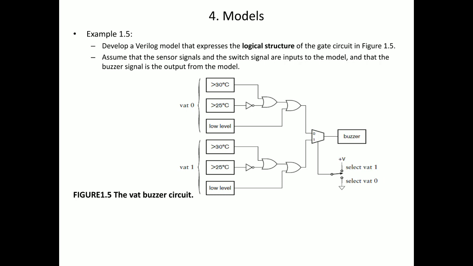Milk is pasteurized in a vat at 63 degrees Celsius for half an hour, 30 minutes. The 63 degrees Celsius is the maximum temperature, so that the milk can be pasteurized efficiently.